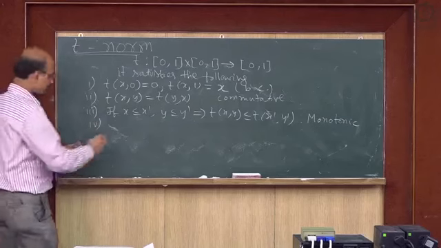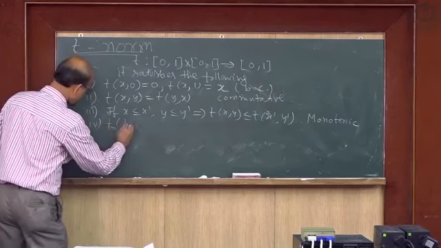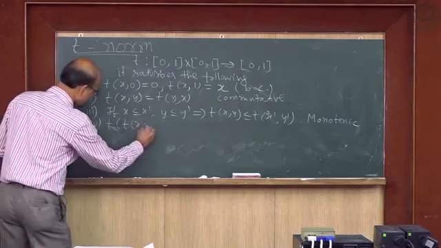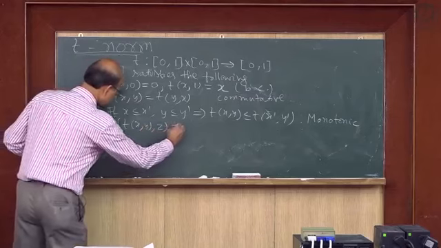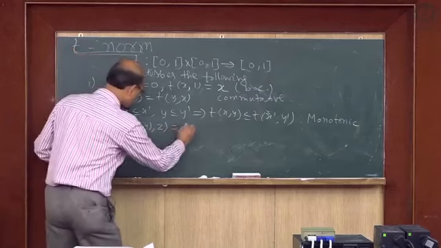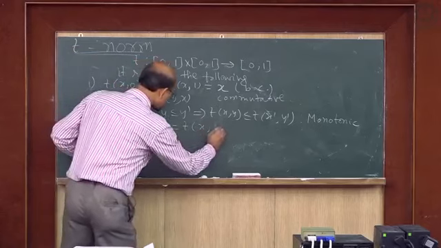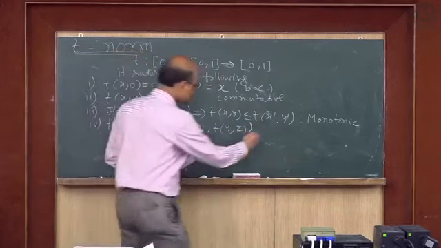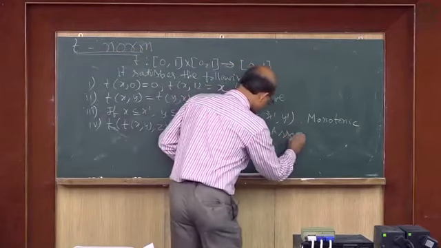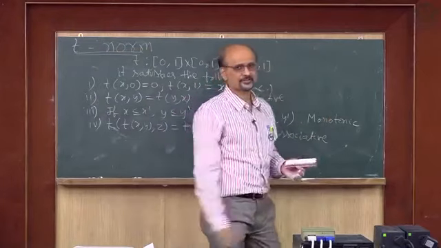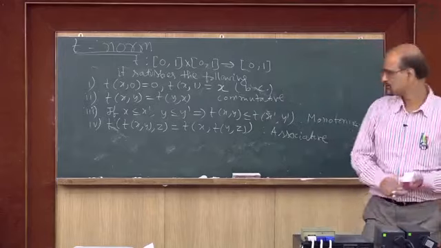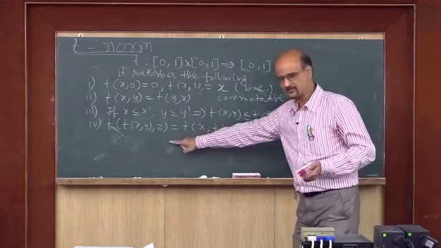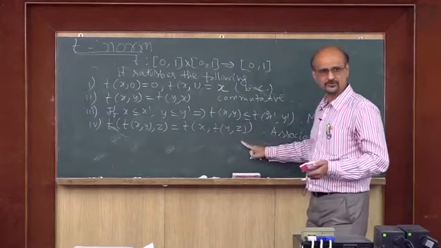And the fourth one was associative. That means t of x y z will be equal to t of x, t of y z. This is associative. Okay? T of x y z, t of x t of y z.